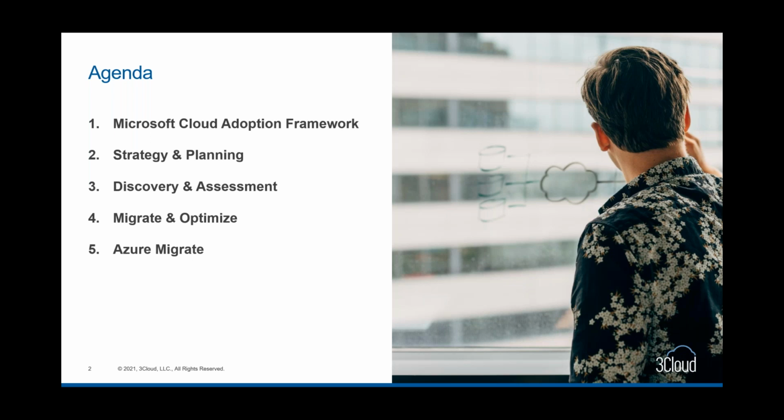Then we're going to get into strategy and planning, and then discovery and assessment. We'll then talk about migrate and optimize, right? And those phases of the project and what that means and what are the activities that traditionally take place during that time. The last item here that we'll go through is really around Azure Migrate and what it is, what it's capable of. And I'll give a quick little demo at the end just so that we're all on the same page. And then from there, we'll take questions.